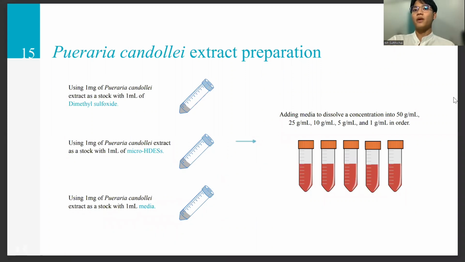Pandorea candere extract preparation: the extraction was performed into three fractions, including PC extract, PC dissolved in DMSO, and PC loaded with 0.1% micro HDES, or PC micro HDES. Then adjust the concentrations into 50, 20, 10, 5, and 1 microgram per milliliter.